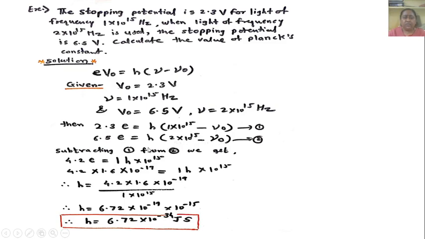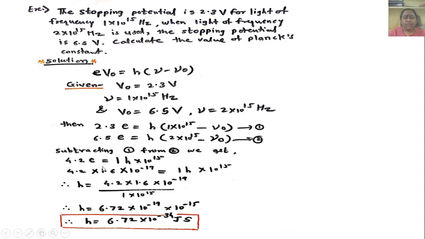From these two equations, subtracting 1 from 2, we get 4.2e = h × 10^15.